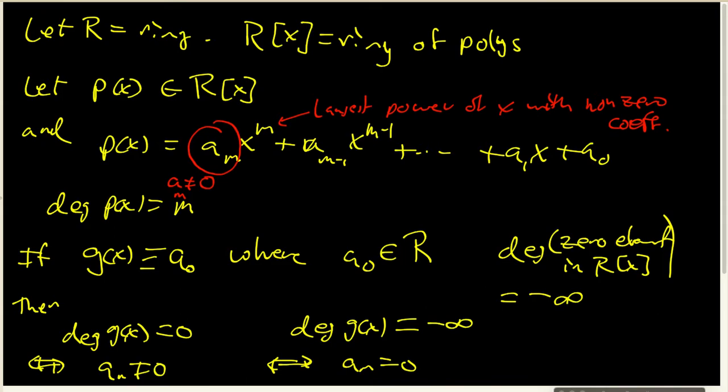Well, now that we've reviewed some basic facts about degrees of polynomials, let me state the theorem that I want to prove. So the theorem says this. Let's let R be a domain. Now that means R has no zero divisors.